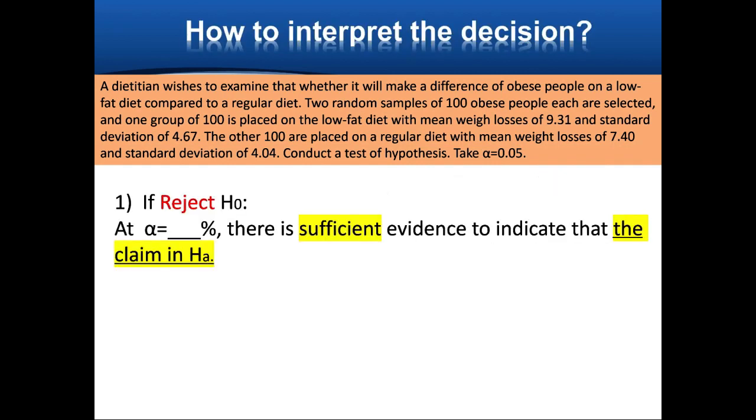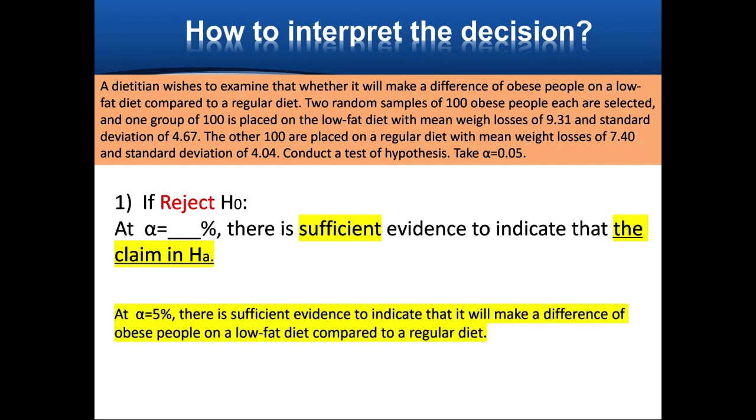And lastly, it's better to interpret the result. If we reject H0, there is sufficient evidence to indicate the claim in HA. So there is sufficient evidence to indicate that it will make a difference for obese people on a low-fat diet compared to a regular diet.